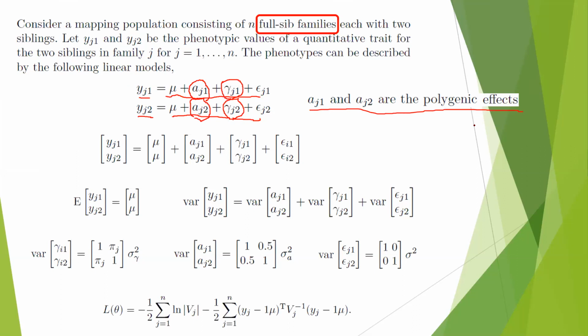So what are polygenic effects? Suppose this is a genome, and there are many loci contributing to the phenotype. When we do the QTL test, suppose we are testing this position, this locus. In order to achieve a very accurate test, in this regression model we also need to consider the contribution from other loci.